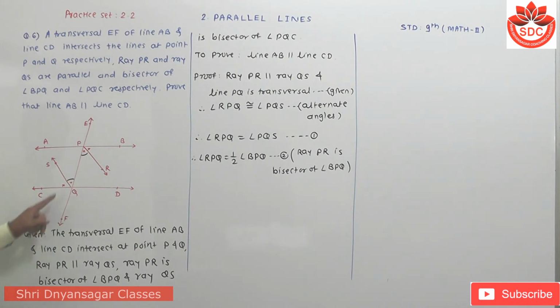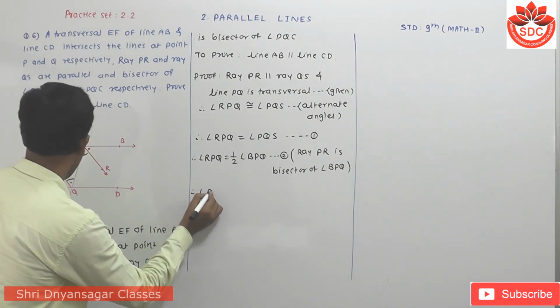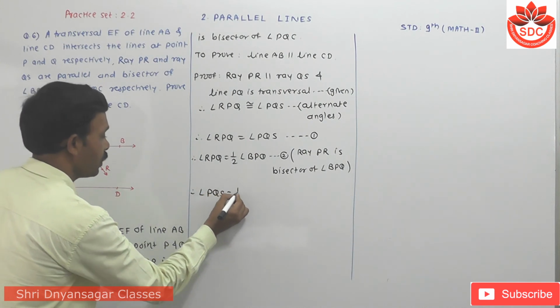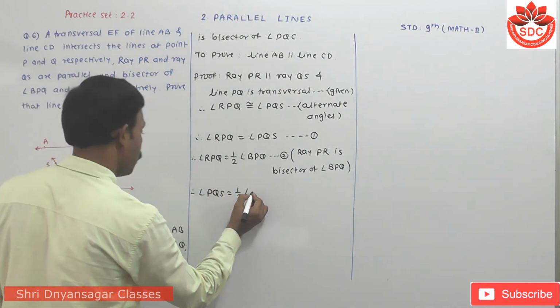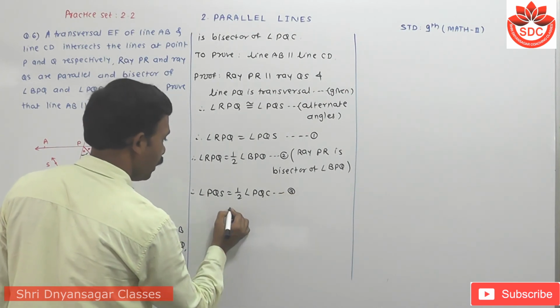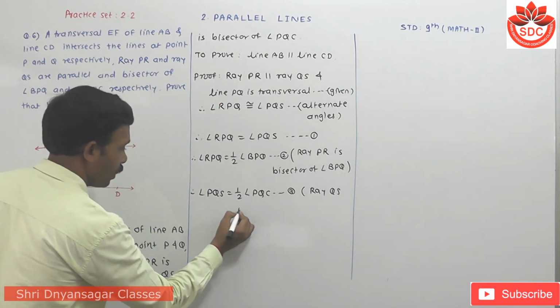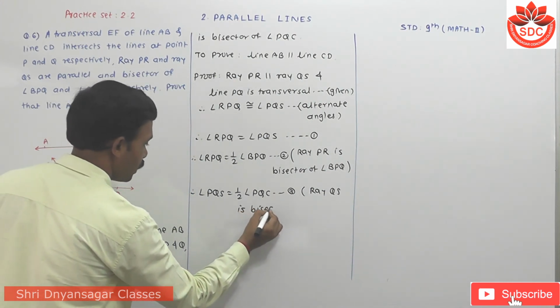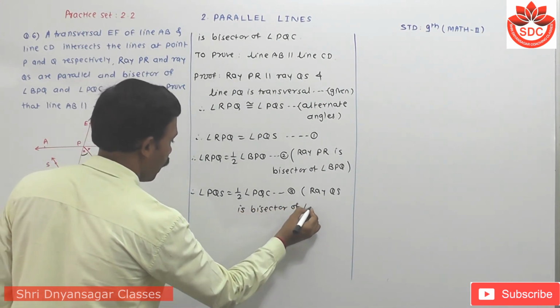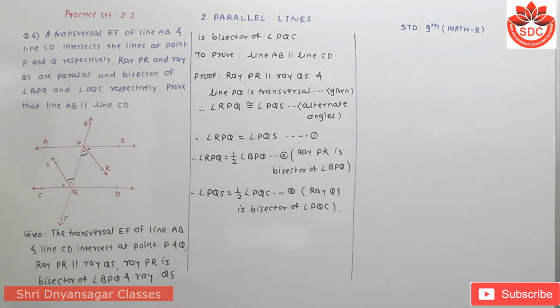Then we take this angle also. Therefore, angle PQS is equal to half of angle PQC. Equation third. Reason is that ray QS is bisector of angle PQC.